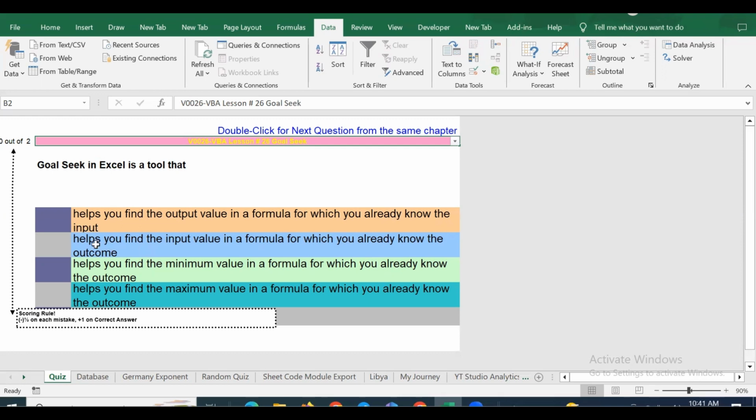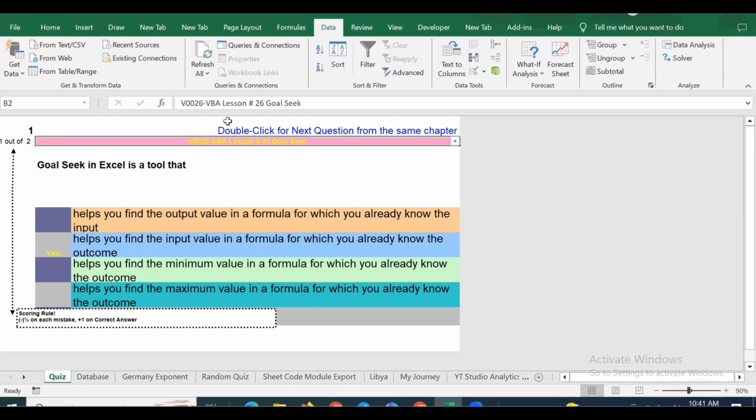Or it helps you find the minimum value in a formula, or the maximum value in a formula. So the right answer is this.